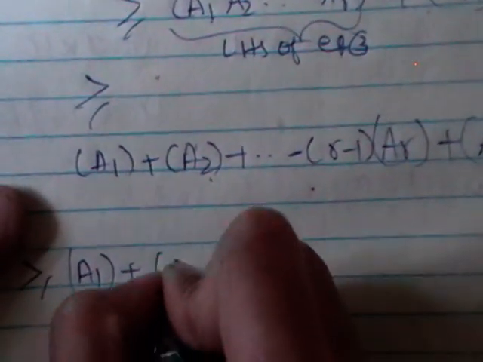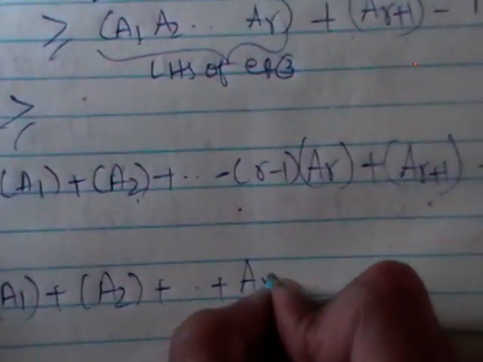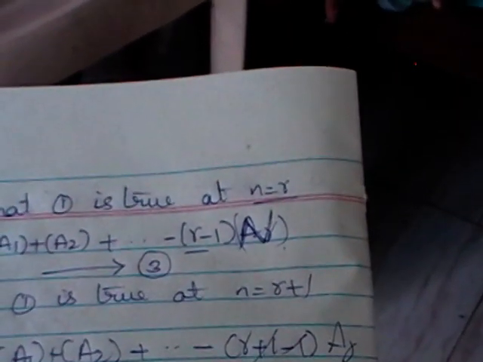Let us rewrite in this form like a1 plus a2 plus so on ar minus 1, this is n. So from these two we can take out minus n common.